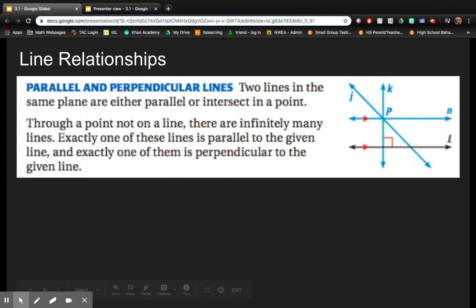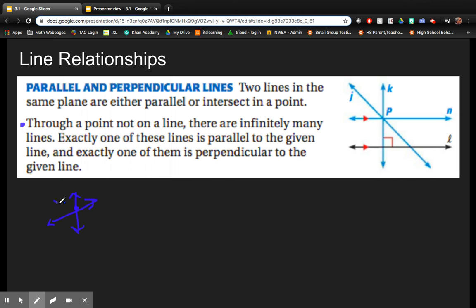Parallel and perpendicular lines. Two lines in the same plane are either parallel or intersect in a point. Through a point not on a line, there are infinitely many lines. So if I were to draw a point, that's what this first thing is saying here. I could draw an infinite number of lines through that point.